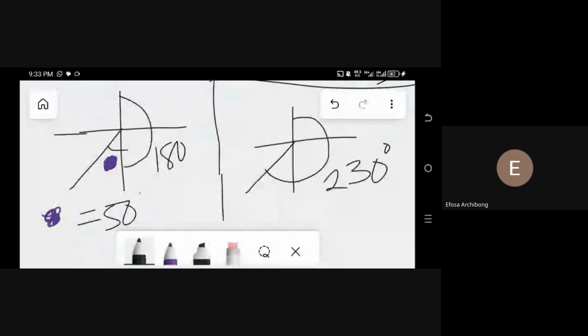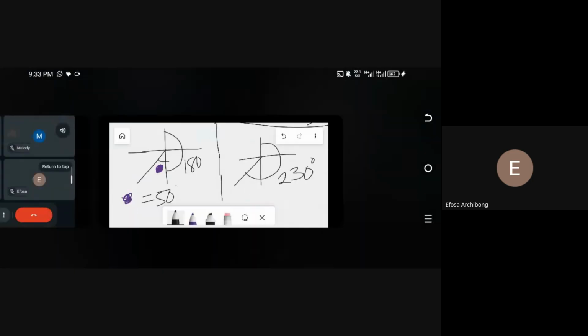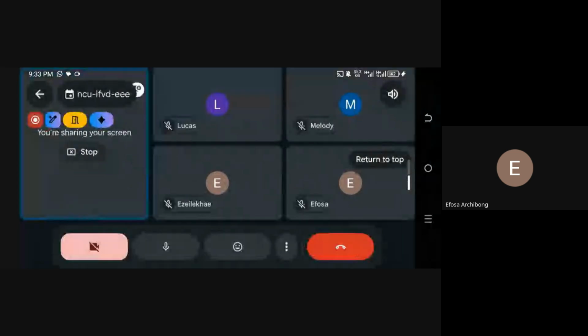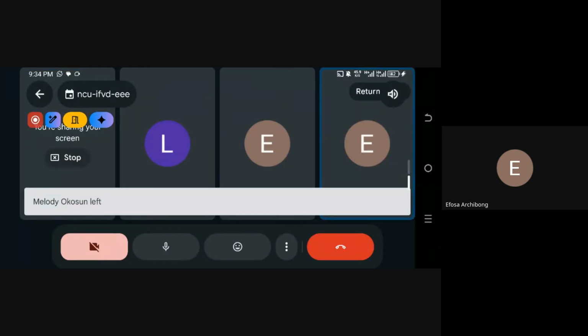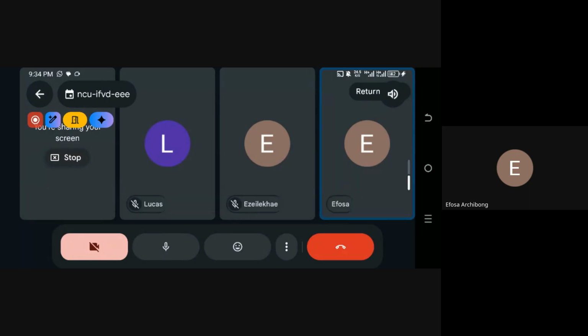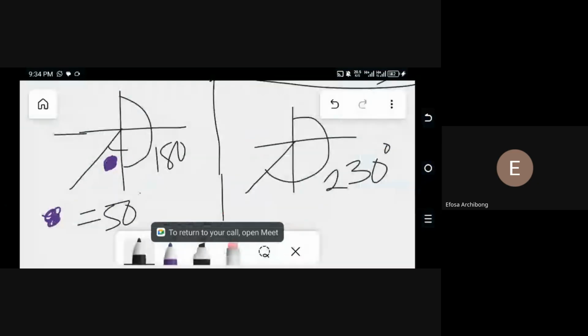Efosa, Lucas said that that small angle is 50 degrees. What do you think? I agree with him. Efosa, would you want to explain why you think it is actually 50 degrees?